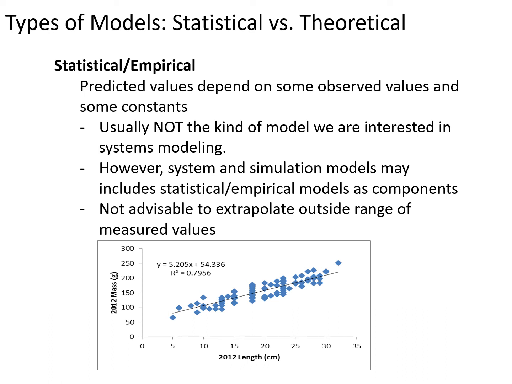Now, if you have individuals that fall outside of the range of lengths that were used to create your relationship, then that is going to lead to you extrapolating the relationship, and that may lead to problems.